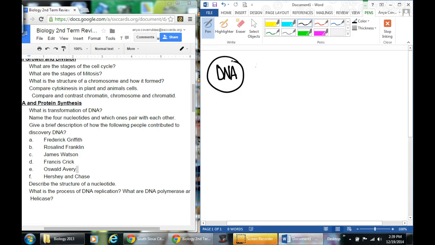Just like a sugar molecule or something else, DNA is just a molecule that can be transformed into a different cell. This is how we can do cloning, and this is how early scientists like Griffith, and some of these others that we're going to talk about, were able to find that DNA was a molecule that carried genetic information, and even if the cell died, DNA could still be transferred.